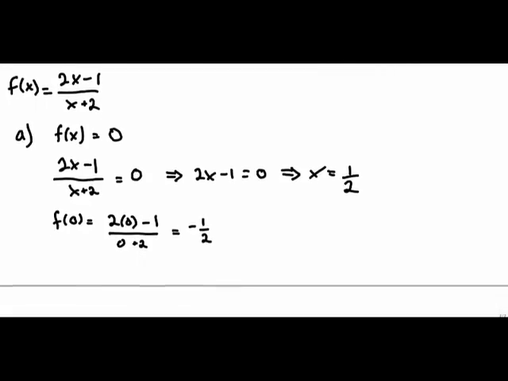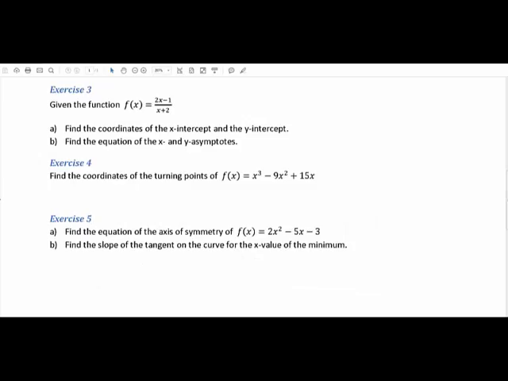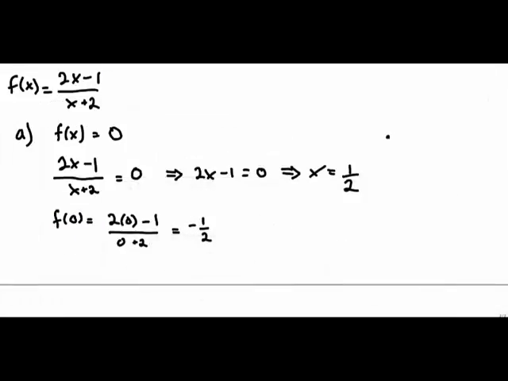In the B question, they want us to find the equation of the x and y asymptotes. Okay, remember, let's say if this function looks something like this, we don't know, but they usually look something maybe like this.